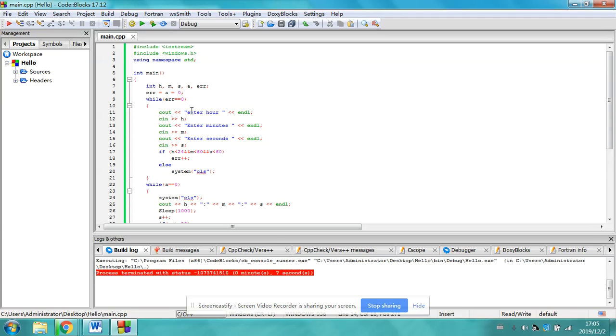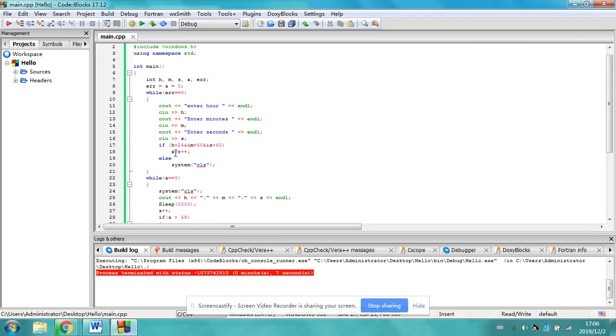And the text we print out is to literally remind them to type in a number. So with that, we let the user enter the hour, the minutes, and the seconds. Very specific.